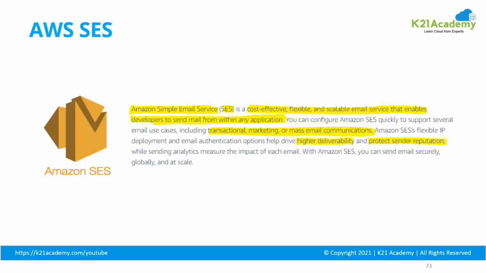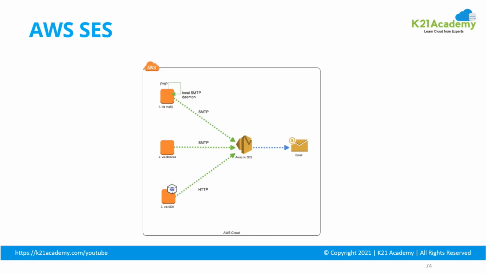It should not be marked as spammy, and SES will help you by telling you that if you're sending an email in bulk, it might be marked as spam based on the content which is written. SES has a lot of other features as well to protect the sender's reputation, by providing analytics that measure the impact of each email that you're sending.